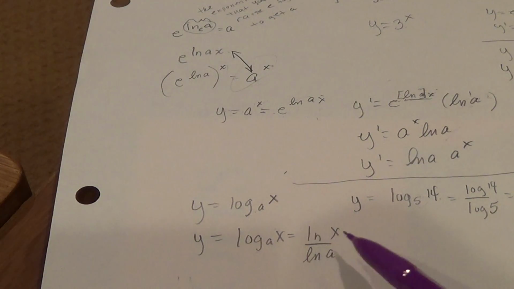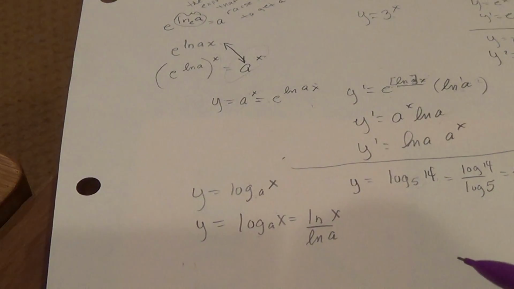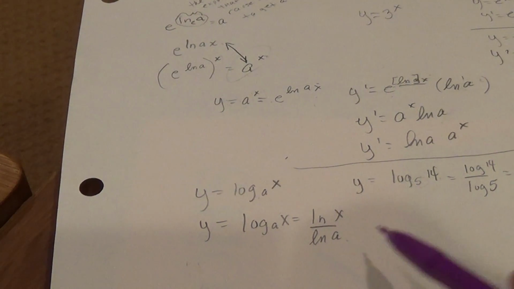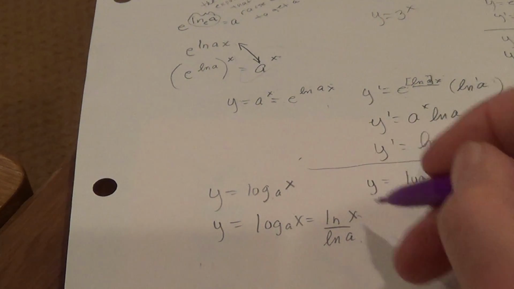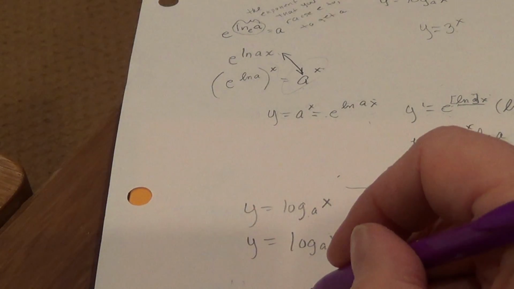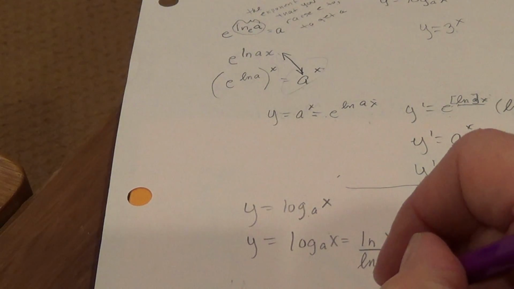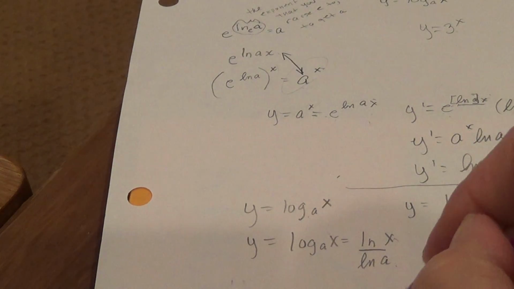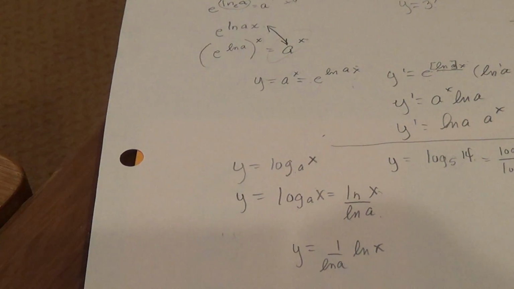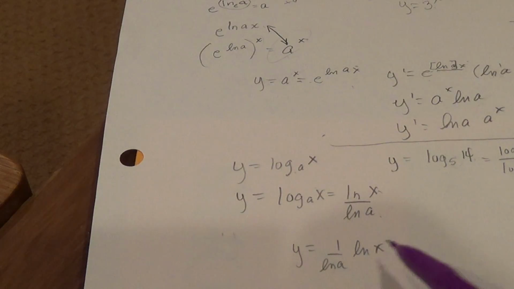These are equivalent statements. But I should be able to find the derivative of that, because this can be rewritten as 1 over ln of a times ln of x.